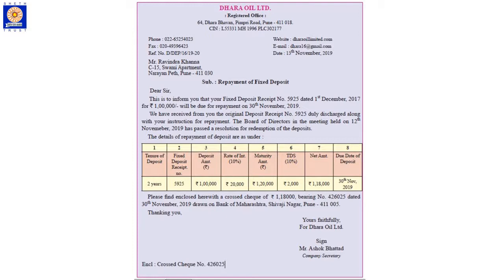Okay, please find enclosed herewith a cheque of rupees 1 lakh 18,000 bearing number 426025 dated 30th November and drawn on Bank of Maharashtra. Here in the concluding paragraph you can see it is stating the enclosure details, the cheque details which is enclosed with the letter.